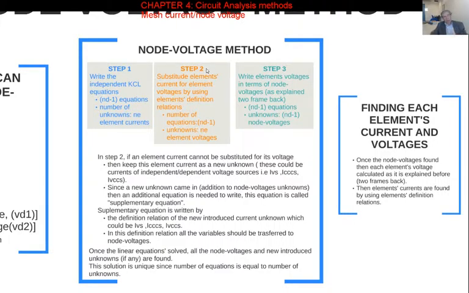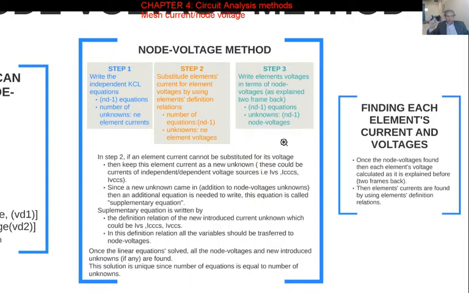If we do the replacement, the number of equations is going to be the same as the unknowns, which are node voltages. So from these equations we can find all the node voltages. Once you found all node voltages, then you can find all the element voltages. Once you found the element voltages, you use the definition relation and find all the element currents.